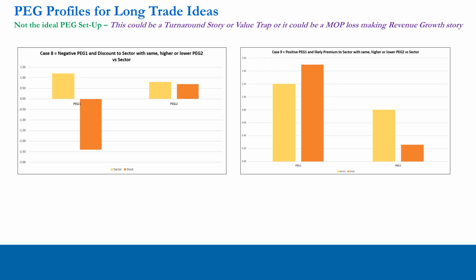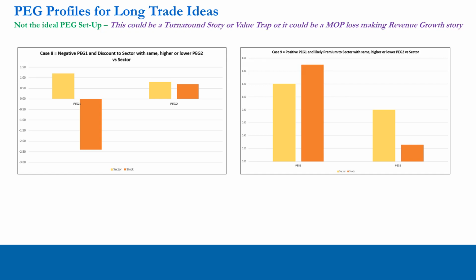So in period 2, that PEG number for the stock can be the same, it can be slightly higher, it can be way higher, or it can be slightly lower, or it could be close to 0. And the sector number can just be higher or lower in comparison to that. What's important for us is to have evidence that the PEG is simply going from a negative to a positive position.